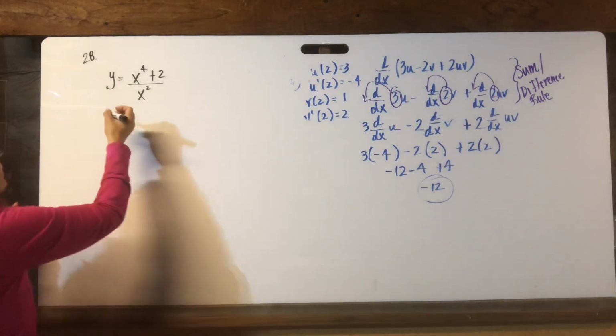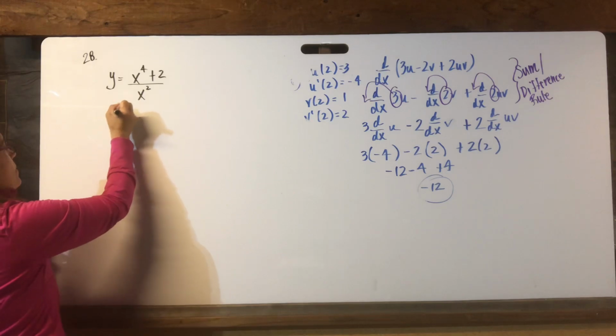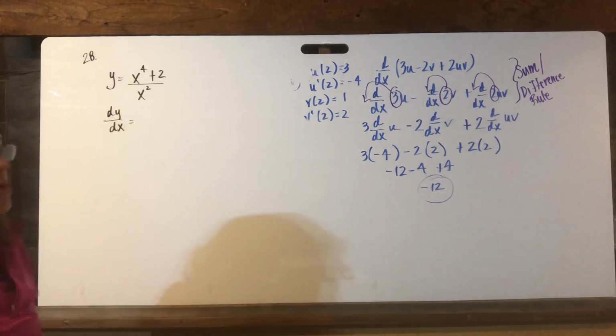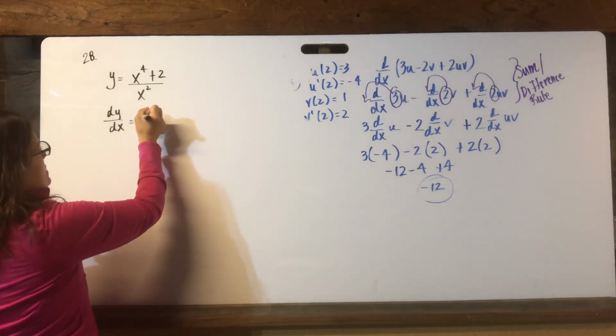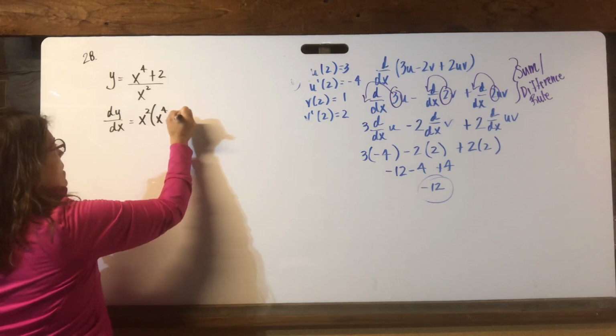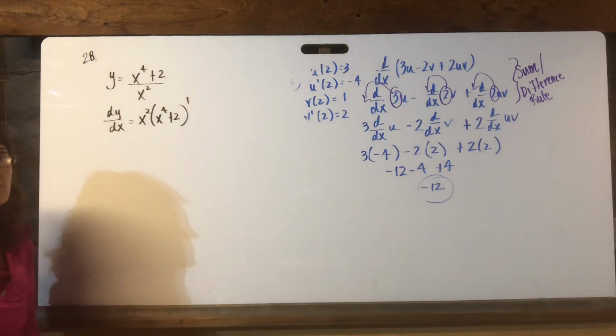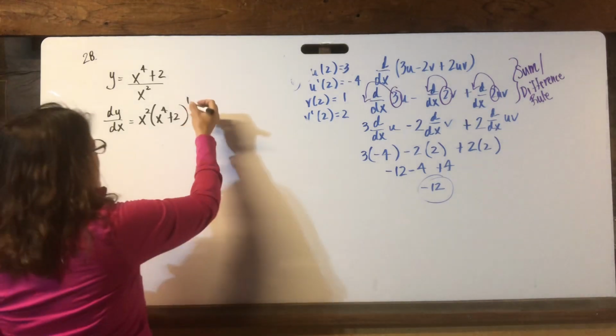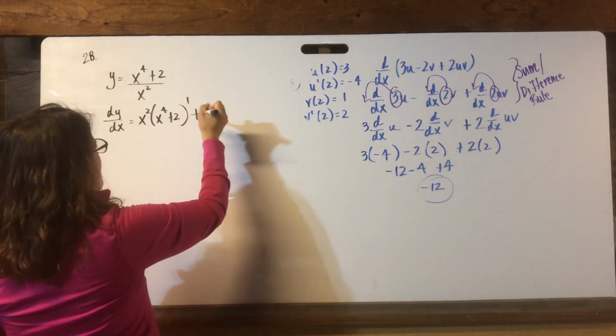So here we go. I need to find the derivative. I'm going to use the quotient rule. So this is x squared times the derivative of x to the 4th plus 2. I'm plugging into the quotient rule. It's not really a property, it's a rule.